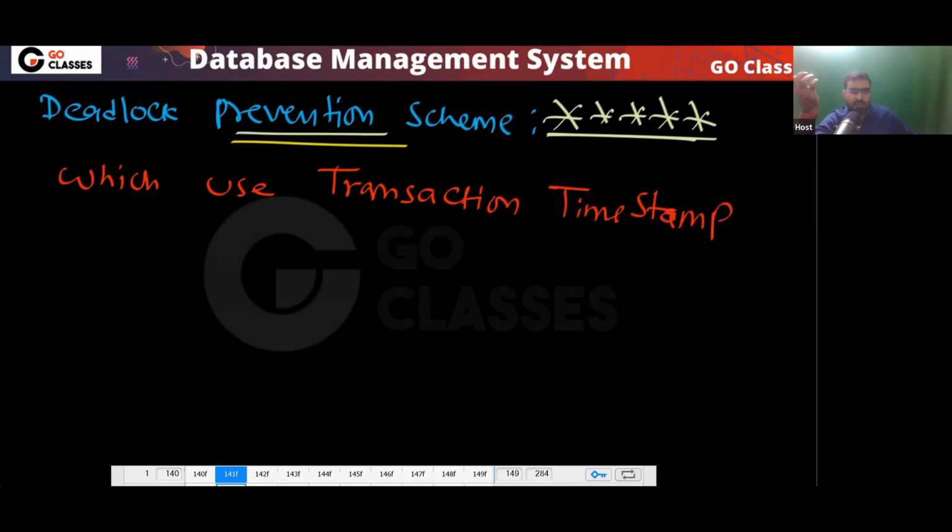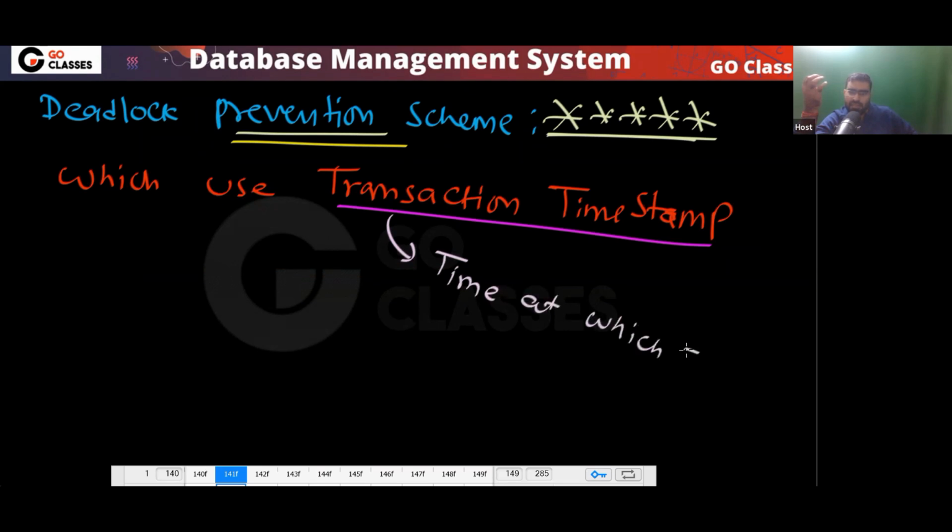What does this mean? Transaction timestamp. See, when a transaction is created, at what time was it created? Yes or no? So that time is unique, correct? Two transactions have unique timestamps, because transaction timestamp means the time at which a transaction was created.